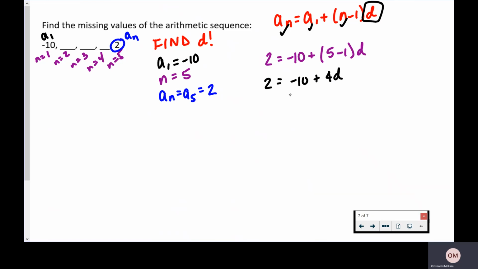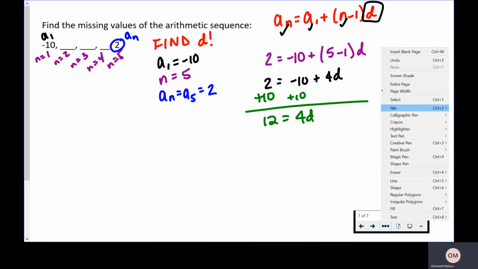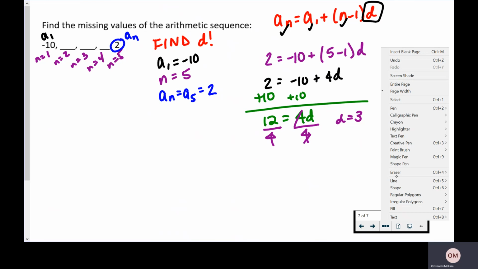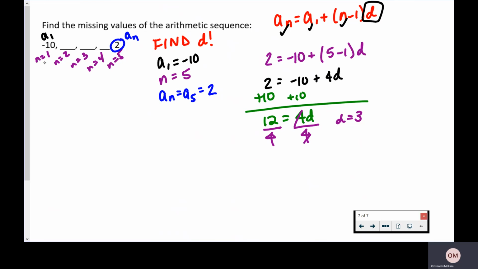Solve for d. Add 10 to both sides. 12 is equal to 4d. And now divide by 4. So d is equal to 3. Now that I know what d is, I'm going to just write a new one. 1, 2, 3, 2.